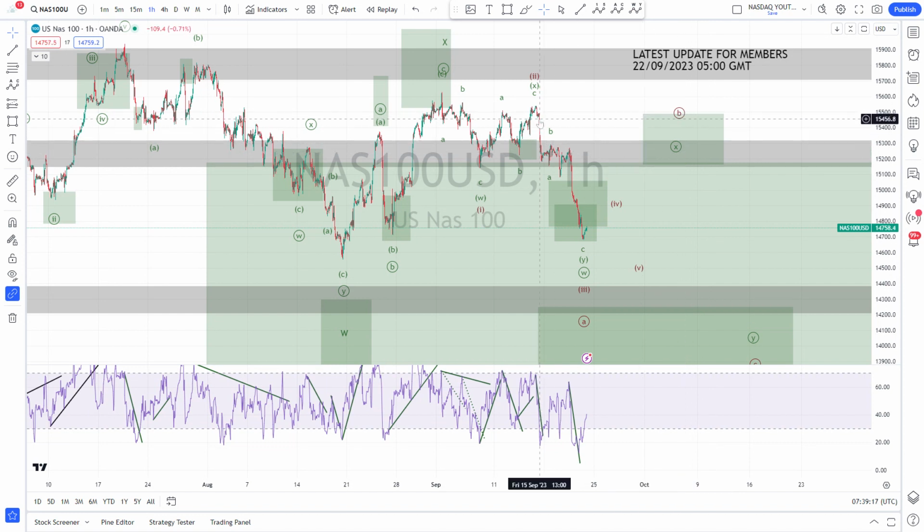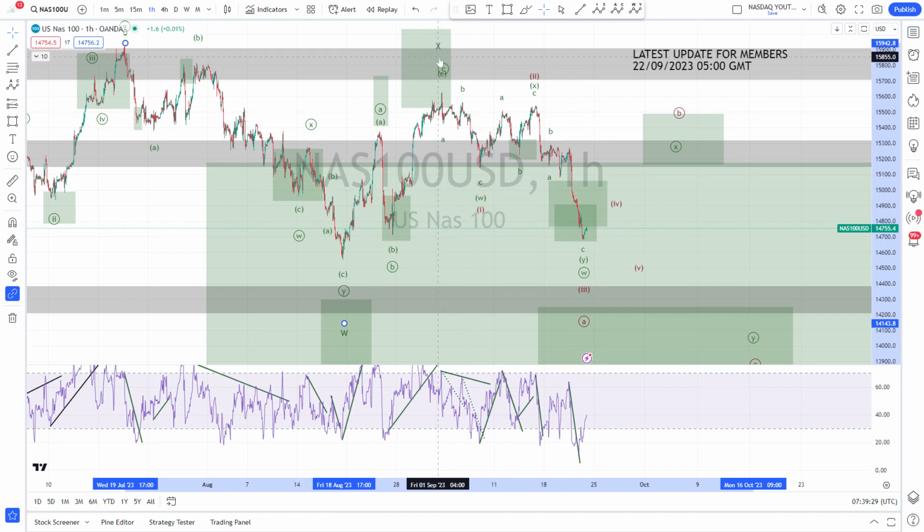So until yesterday, I still took into account that we could make here a new wave X high. So this is not anymore on the charts. But as long as we do not take out this low here, it can still happen actually.